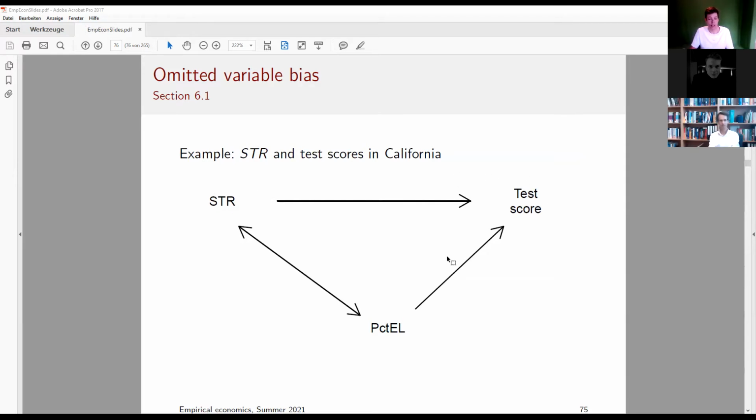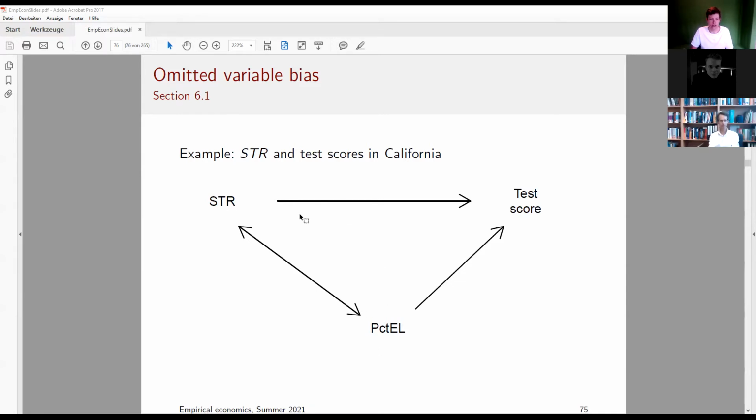We would also suspect that the share of non-native speakers in the class, written down here as PCTEL, the percentage of English learners in a district, so the persons that are non-native speakers, that this fraction of the total students also has an effect on test score, because test score is combined of the math score and the reading score, and at least the reading score should be in some way affected by whether or not the person is a native speaker or not.